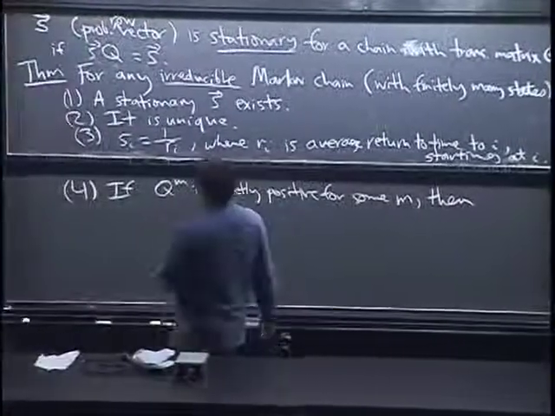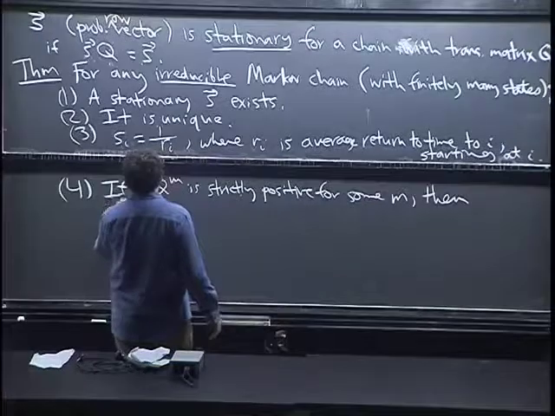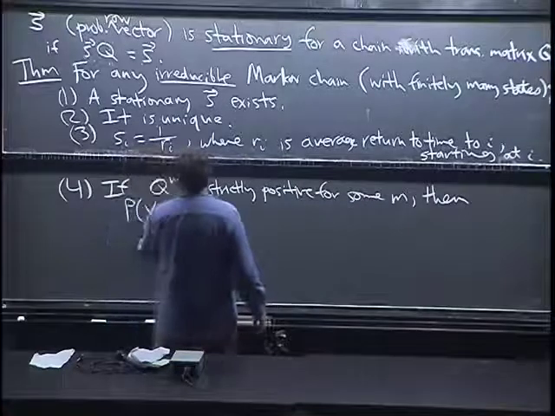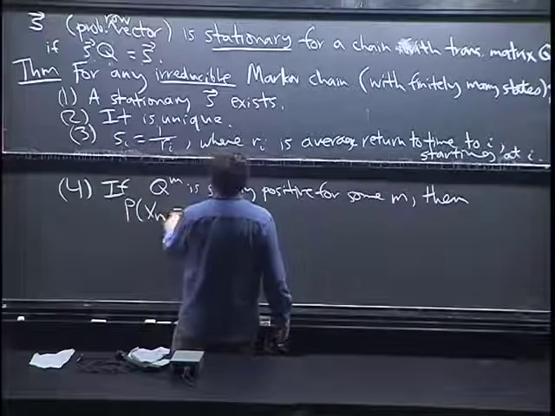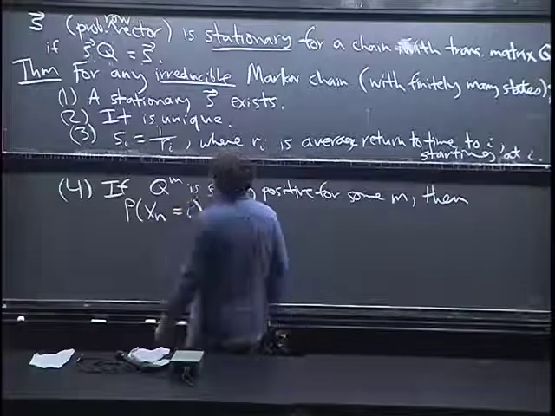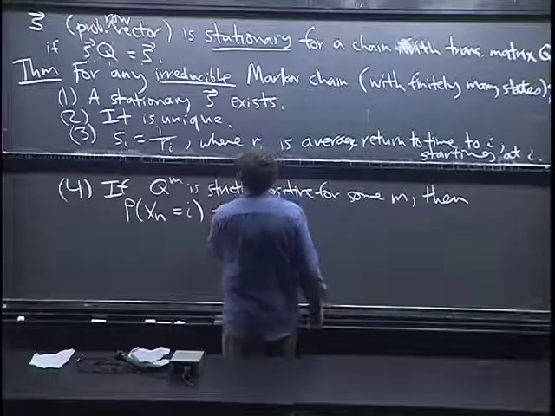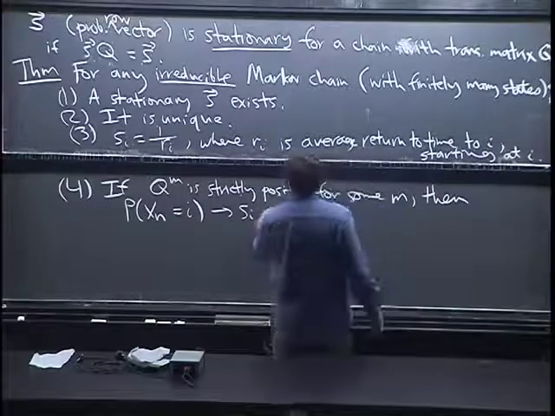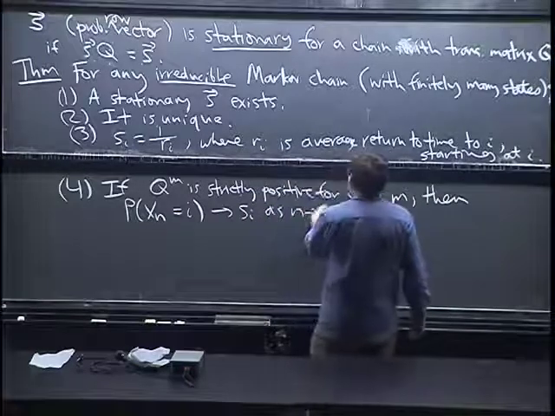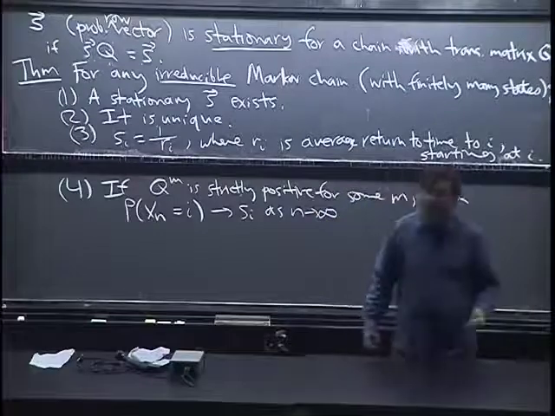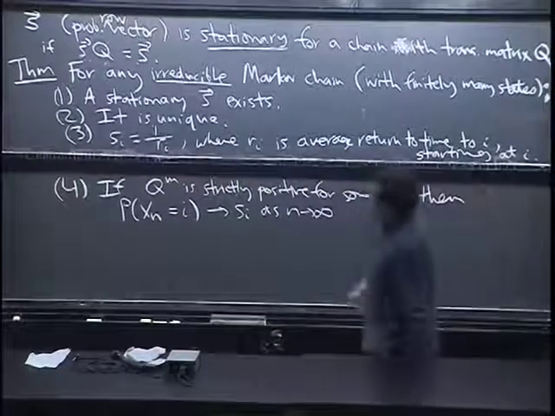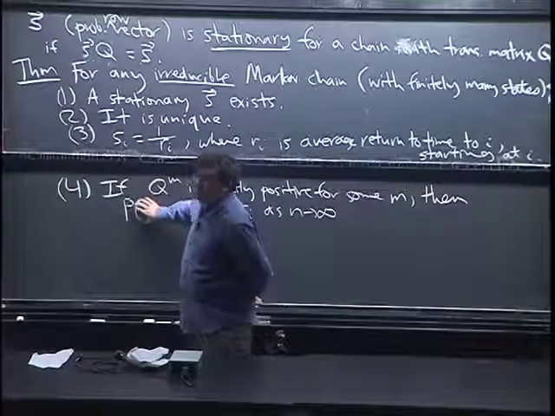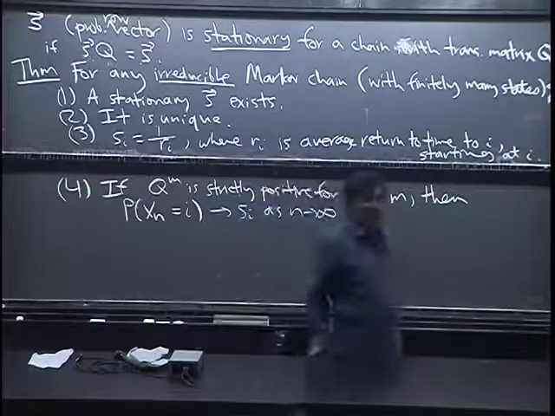So I'll just say this: the probability that X_n, where X_n is the chain, converges to S_i as n goes to infinity, no matter what the starting state. X_n is the state of the Markov chain at time n.